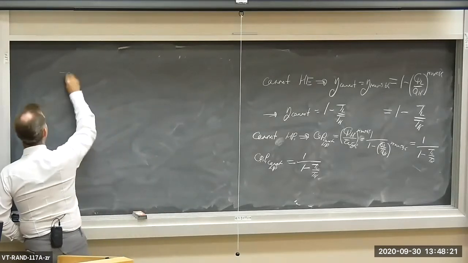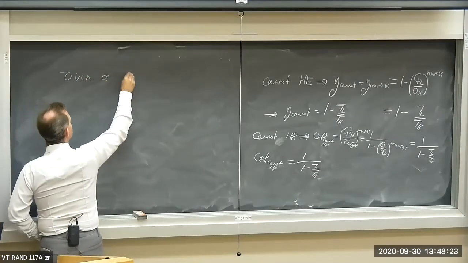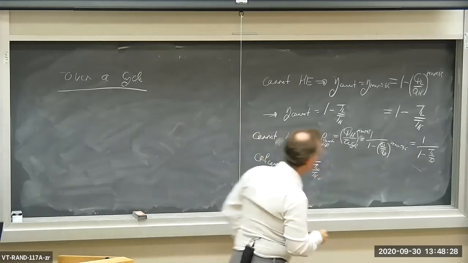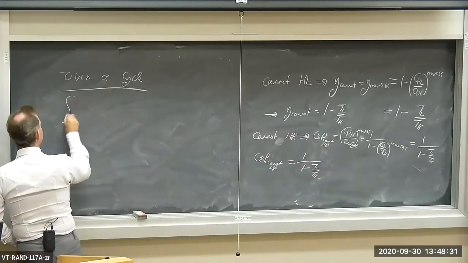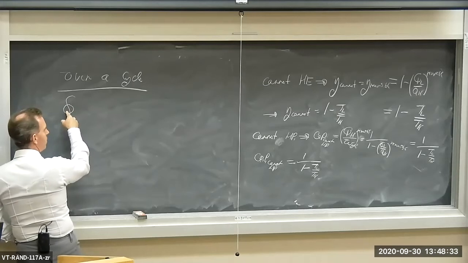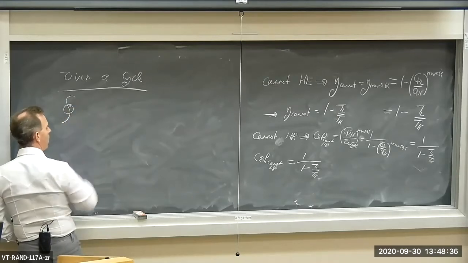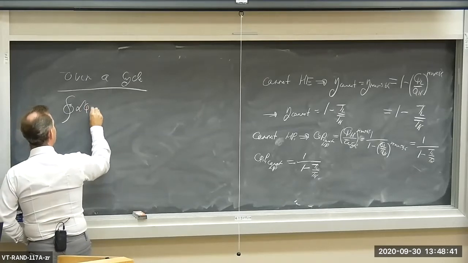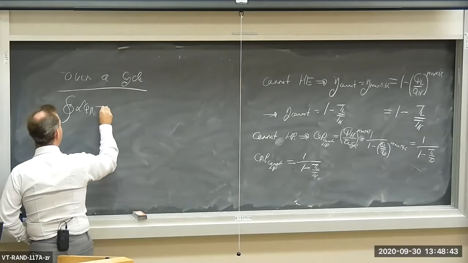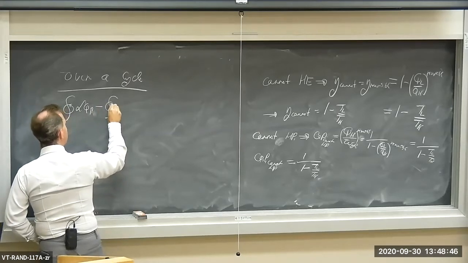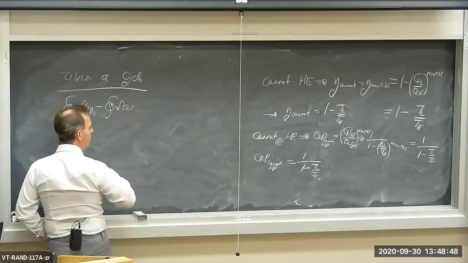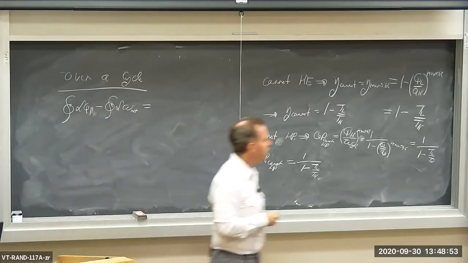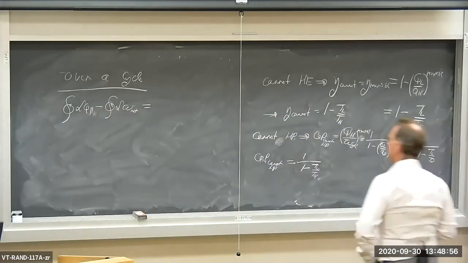So over a cycle, integral. See this loop here on the integral? That means a cyclic integral over a cycle. Cyclic integral del Q reservoir, or del QR, minus cyclic integral del W net, is equal to the cyclic integral dE.